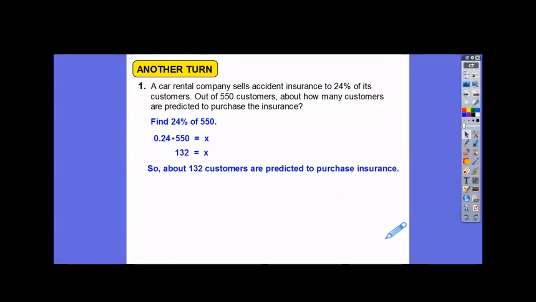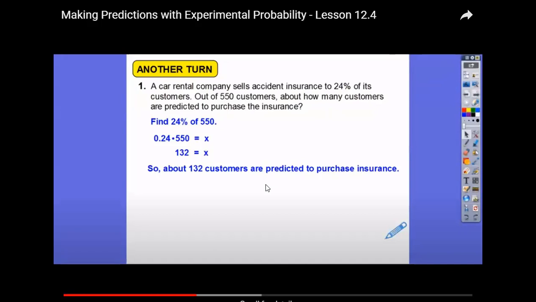This is in case we have 550 customers, right? Let me ask you a question. In case we have 1,000 customers, how can we calculate? How can you predict in case you have a thousand customers? 0.24 multiplied by 1000.